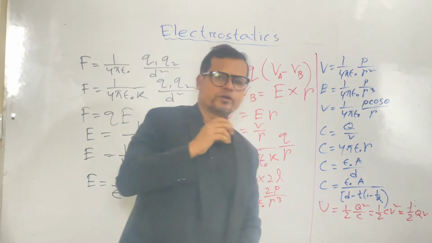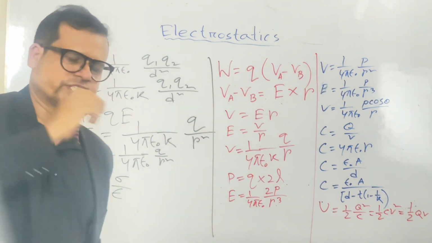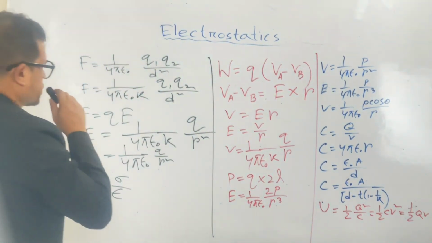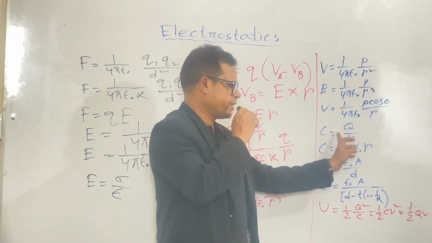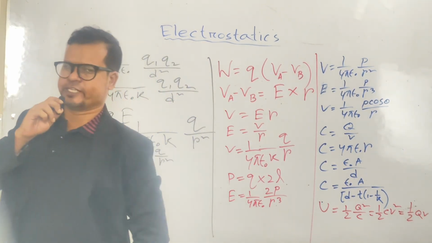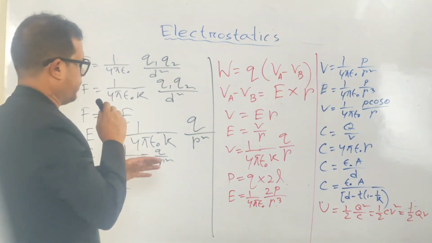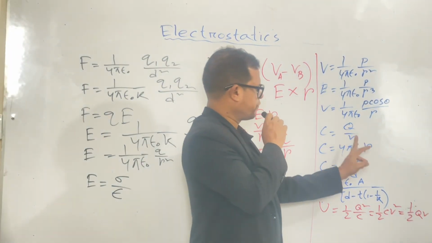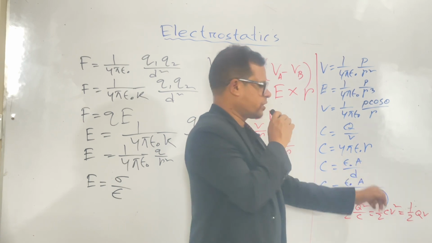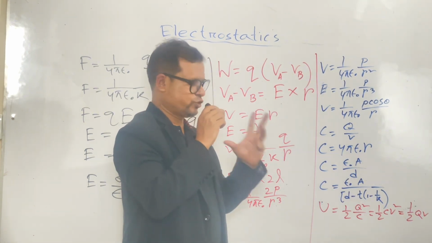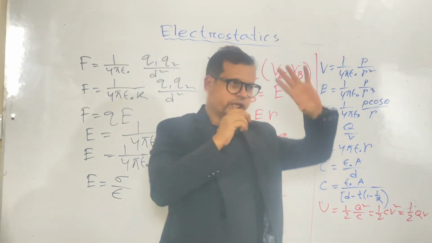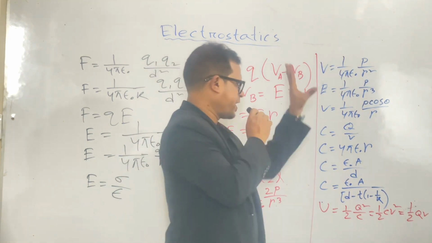C equals Q over V. C here is capacitance, Q is charge, and V is voltage. If you know the charge and voltage, you can find the capacitance of any conductor or capacitor. C equals Q over V, and C equals 4 pi epsilon r, where r is the radius of a spherical capacitor.